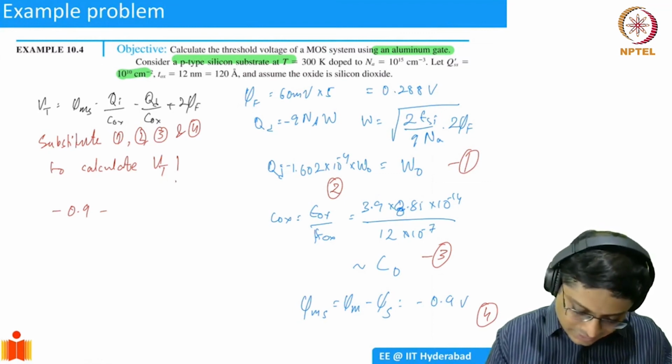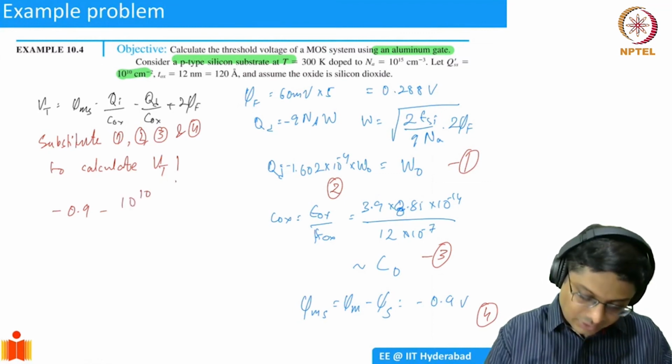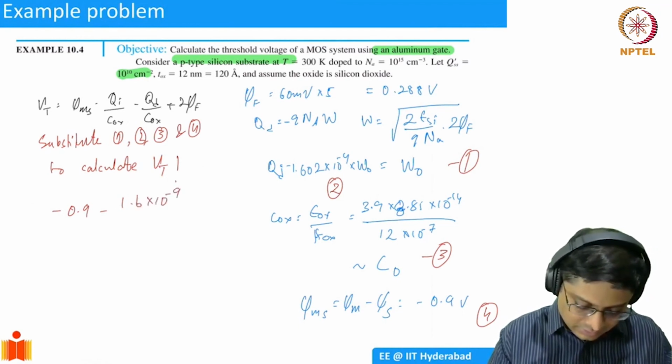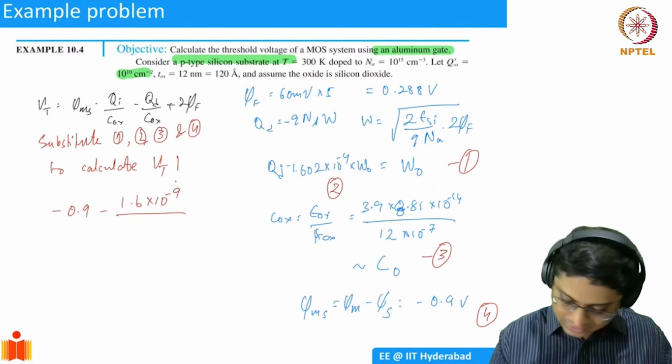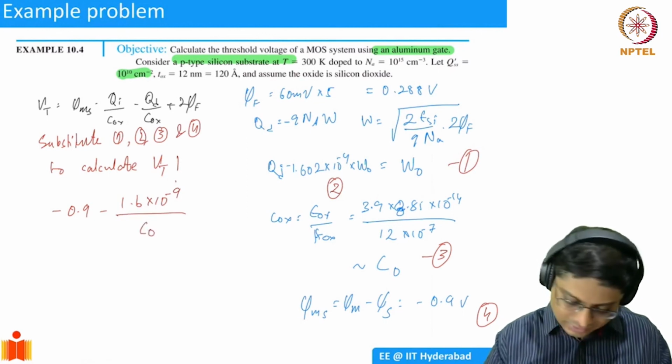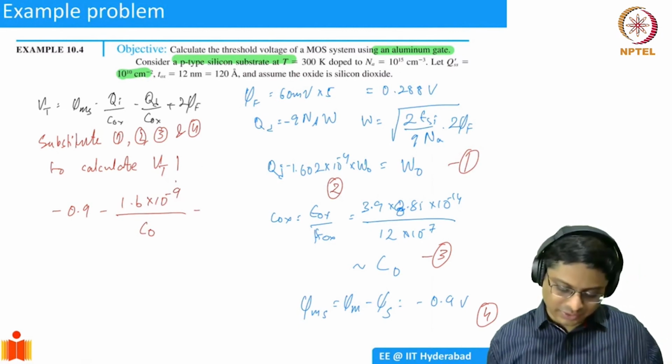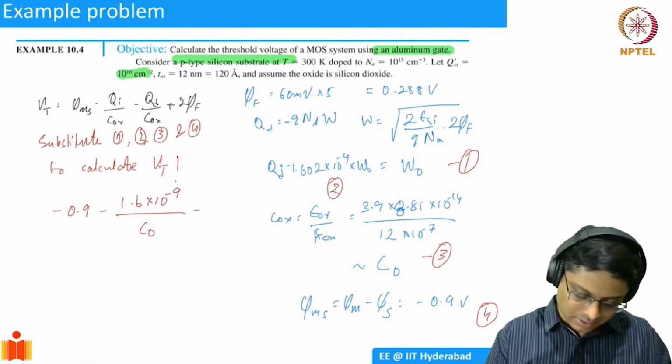This is going to be 10 power 10. So this will be 1.6 into 10 power minus 9 divided by C naught, minus, you just calculate all the rest of it. This will be plus because there's sum here.